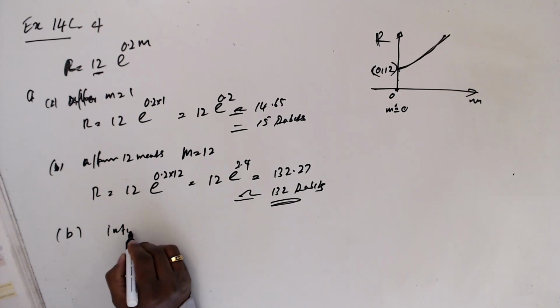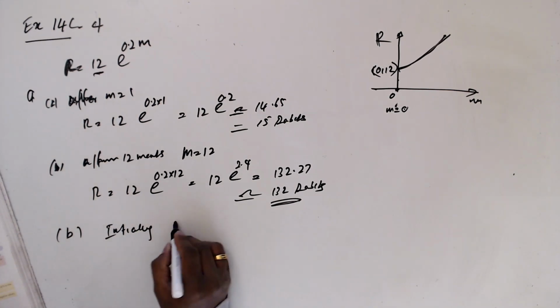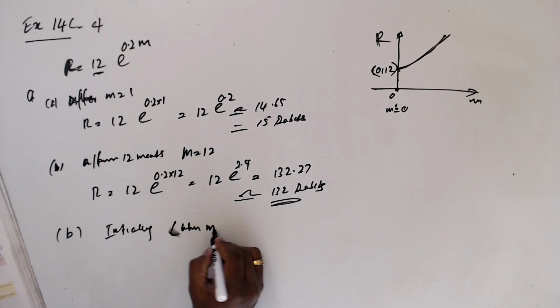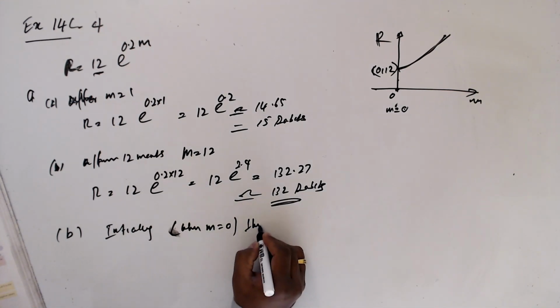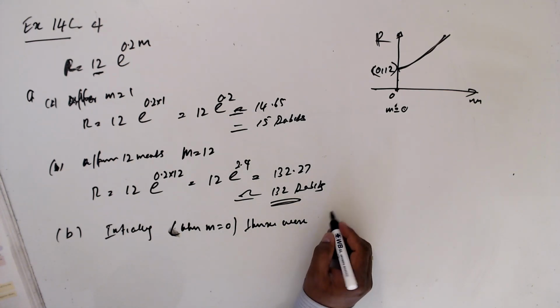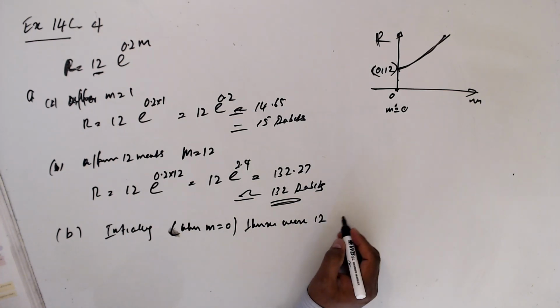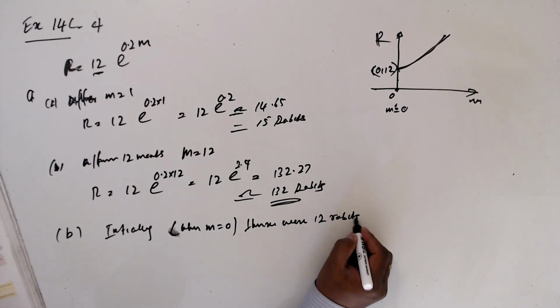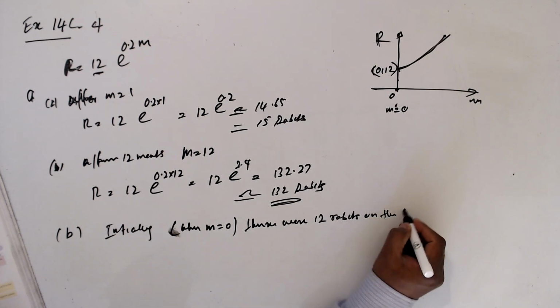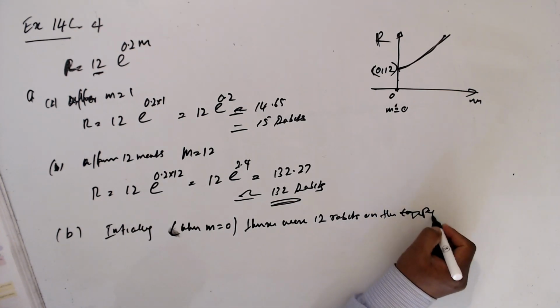Initially means when M equals 0, there were 12 rabbits in the cage of population.